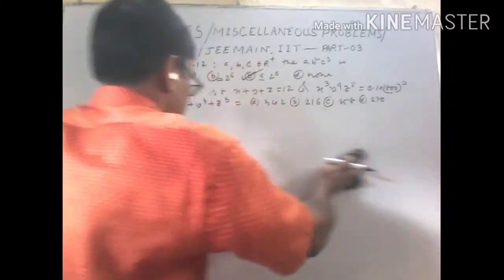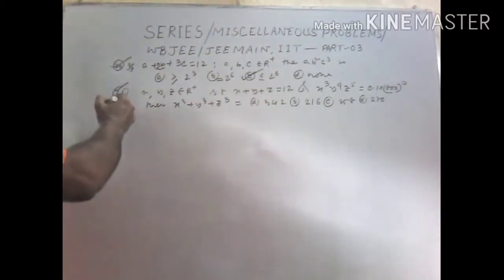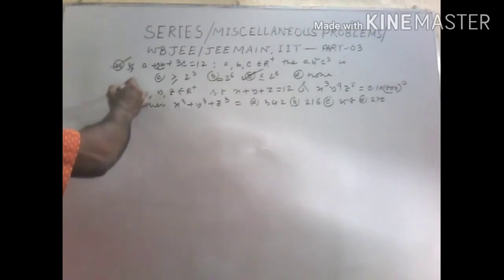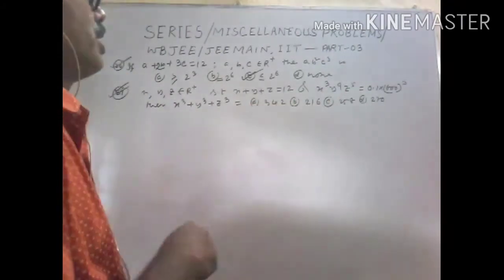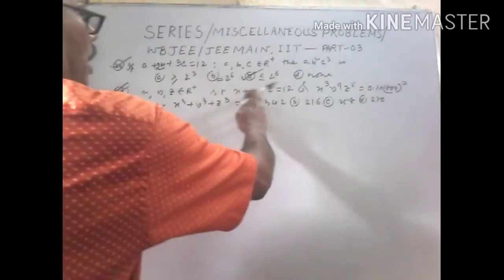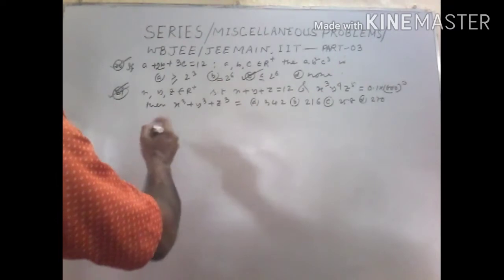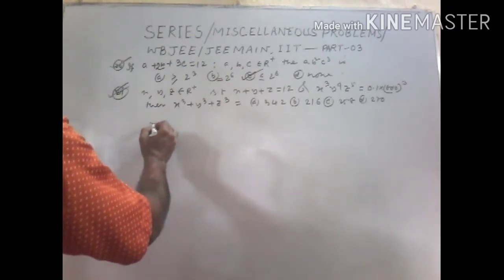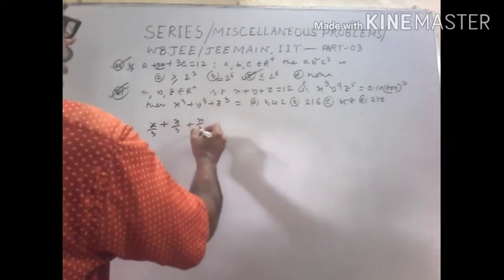When each term is equal. Now let us consider problem number 21. x cube y4 z5, x plus y plus z equals 12. So for x cube, we can write x in the form of x by 3, x by 3, x by 3.